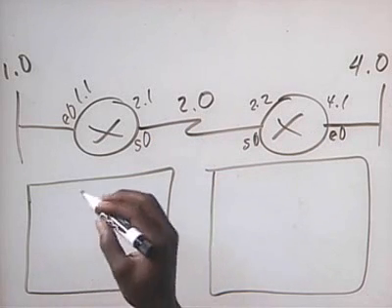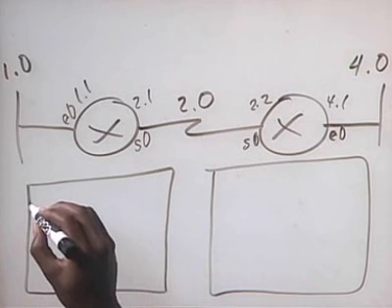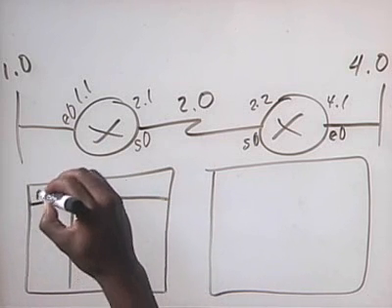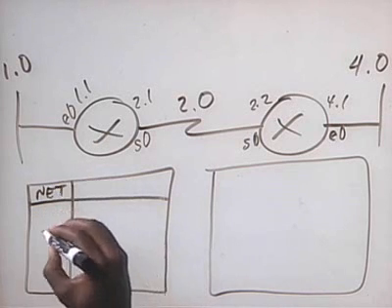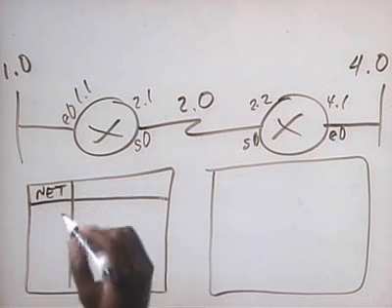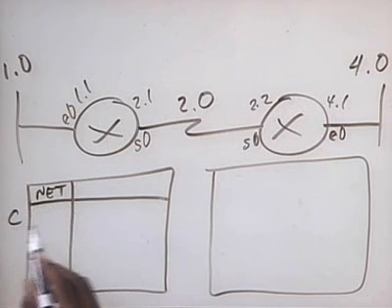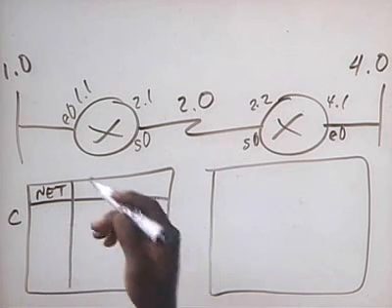The routing table itself is going to contain, first of all, the network address of directly connected networks. And in the routing table, you'll see a C indicating that the network is directly connected.